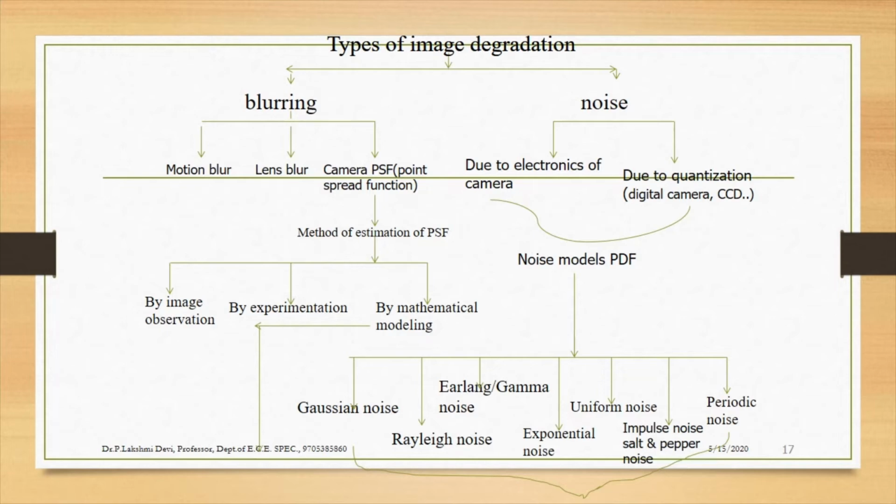What measures can you take for minimizing those effects? The first one is image observation. By observing the images, how they respond under different situations and different atmospheric conditions of capturing, we can identify that behavior. That we call image observation.